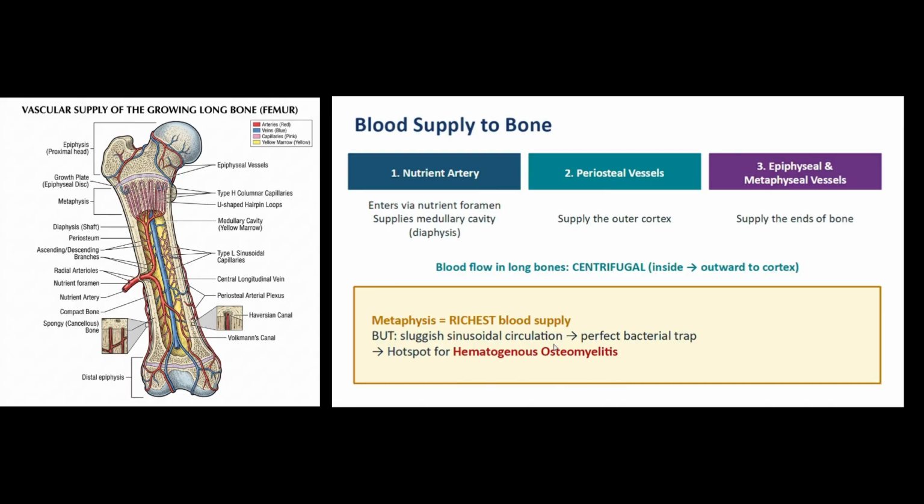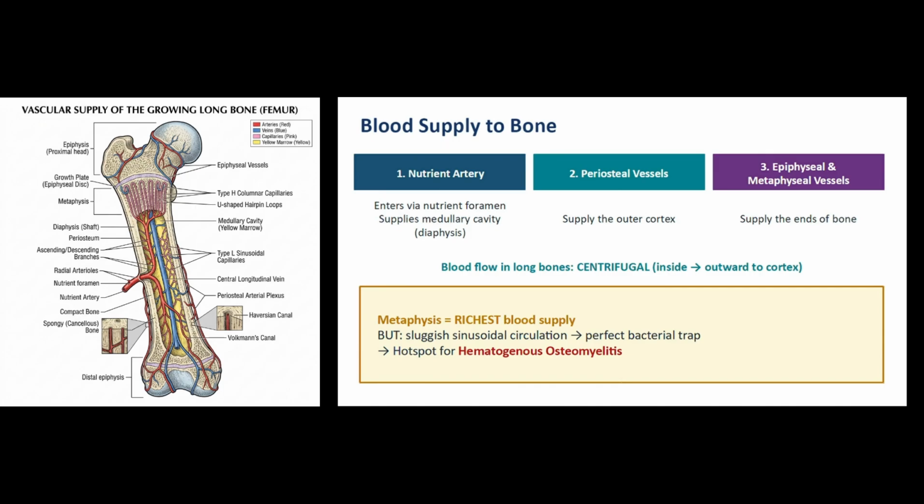That means the nutrient artery enters through the nutrient foramen around the metaphysis and travels up, and the metaphysis has the richest blood supply, but it is not so fast, it is a sluggish and sinusoidal circulation. It is perfect for bacterial trapping and the hotspot for hematogenous osteomyelitis.